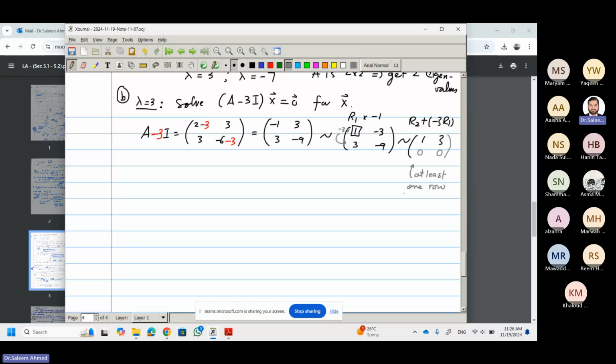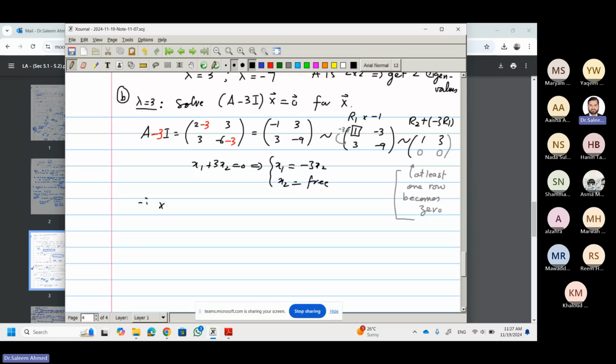So at least one row becomes 0, otherwise you will not get a non-trivial solution. Remember that. So now the solution is x1 plus 3x2 equal to 0. This means x1 is equal to minus 3x2 and x2 is free. One of the variables should be free.